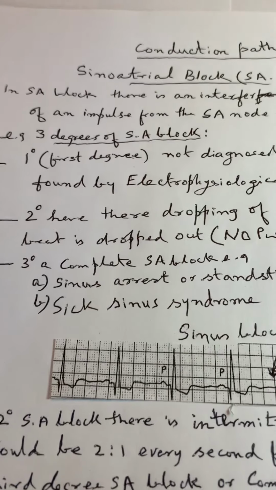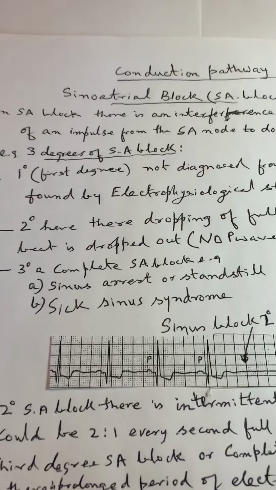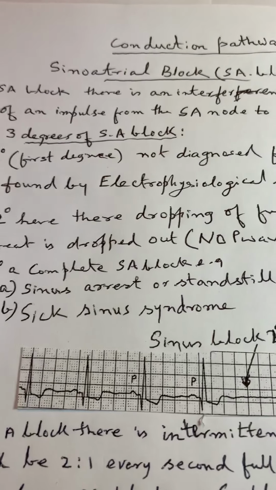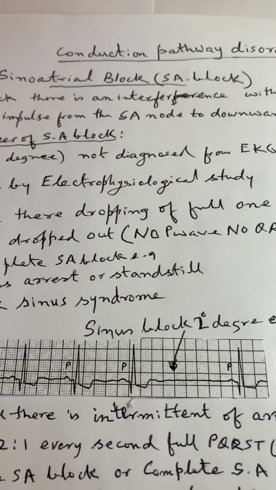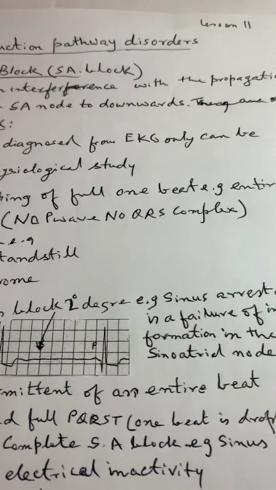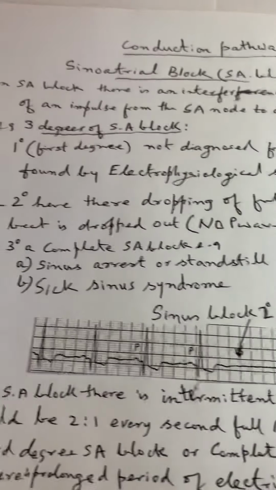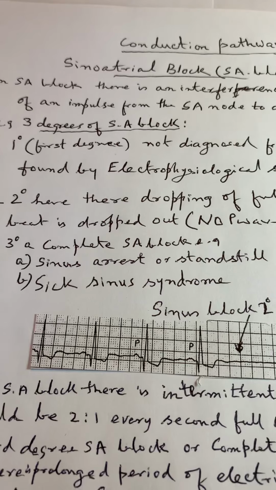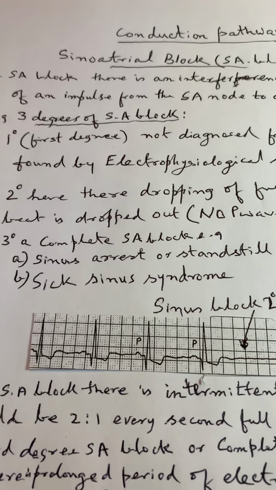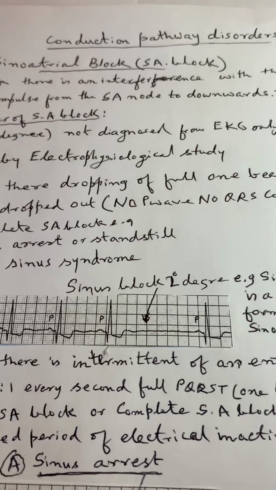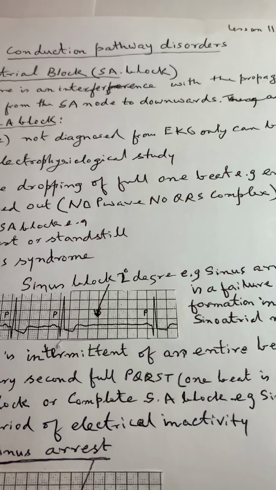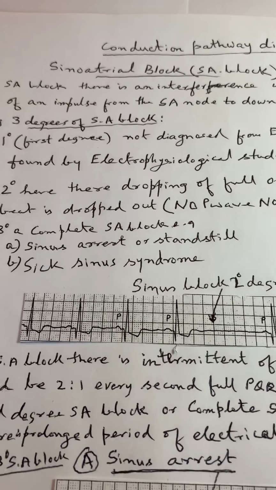In SA block, there is an interference with the initiation and propagation of impulse from the SA node downward to the lower part of the heart.